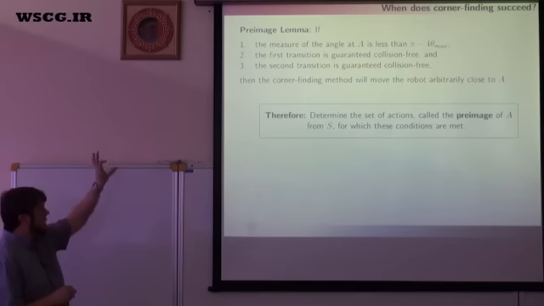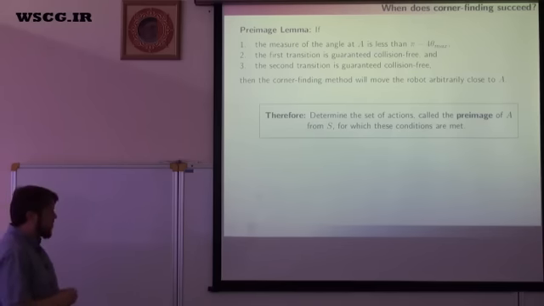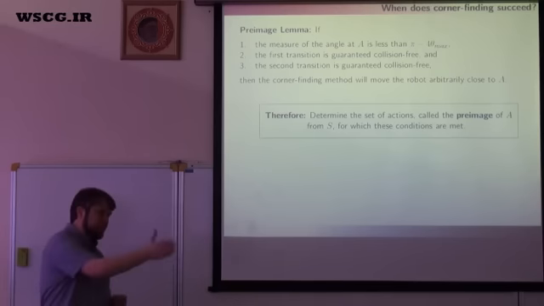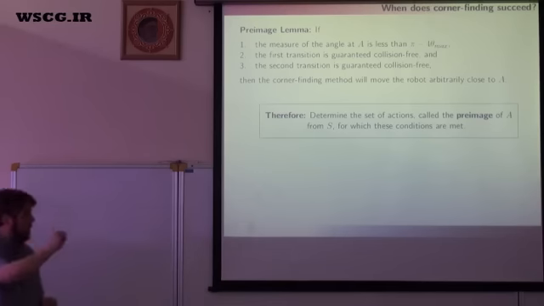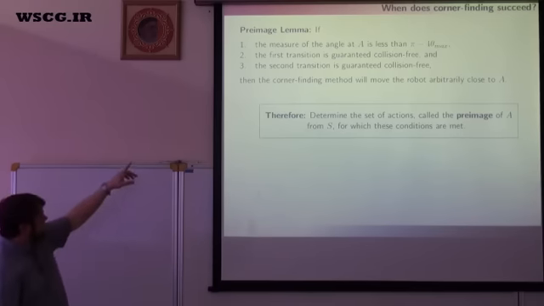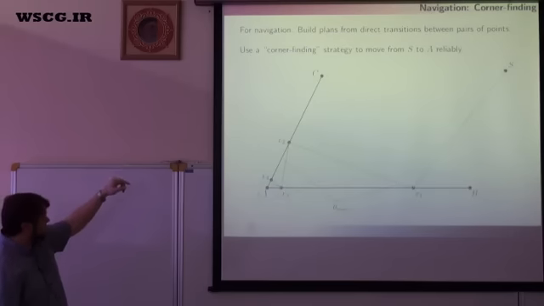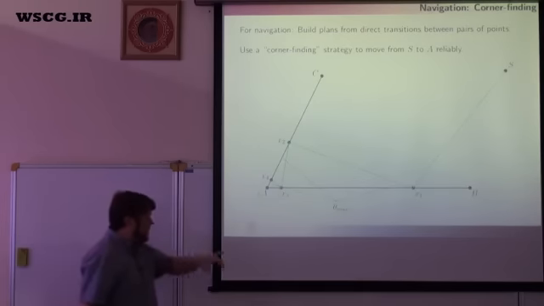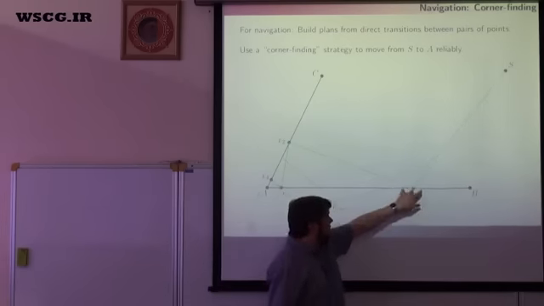We can actually prove that if these three conditions hold, then doing the strategy will allow the robot to travel safely using this method from S to A. The proof of this is actually not too hard. We check this first transition. Okay, that's great.